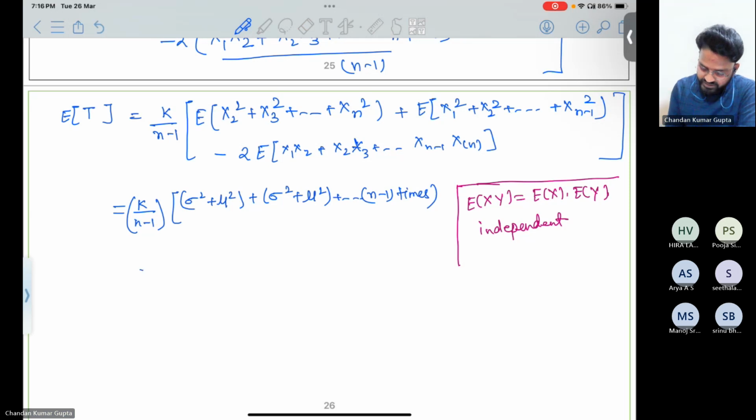Okay, plus again x1 square plus x2 square plus up to x(n minus 1) square, same like sigma square plus mu square, plus up to n minus 1 times again.